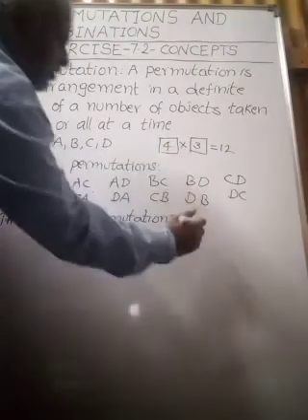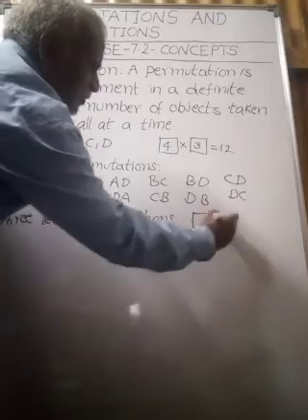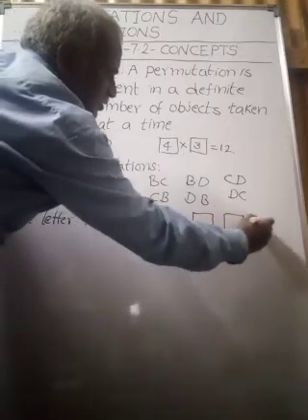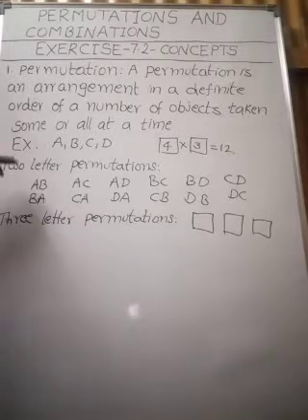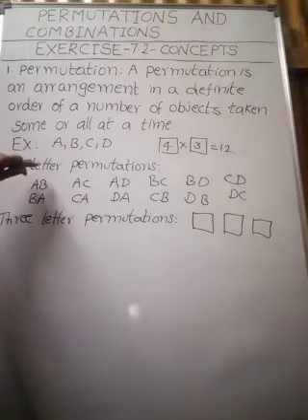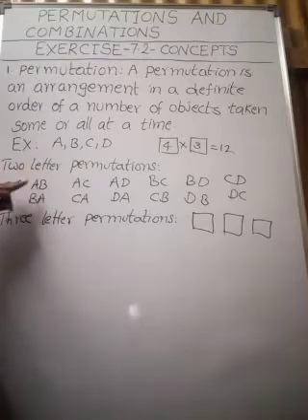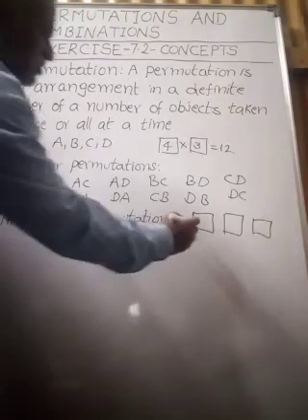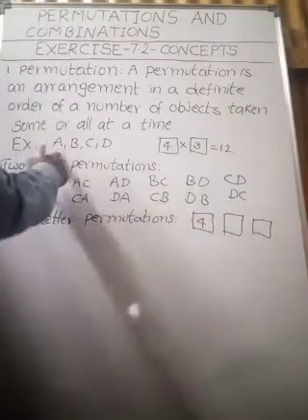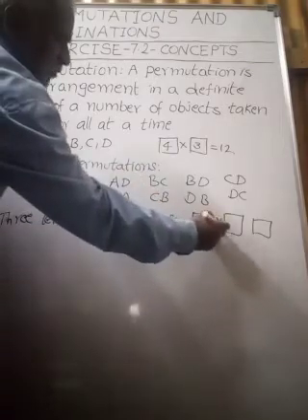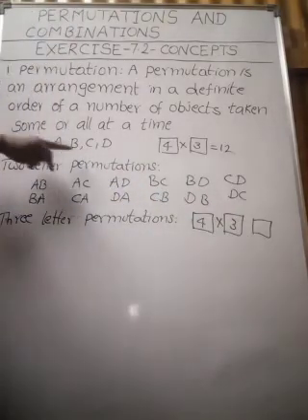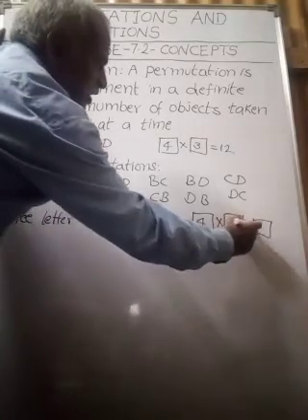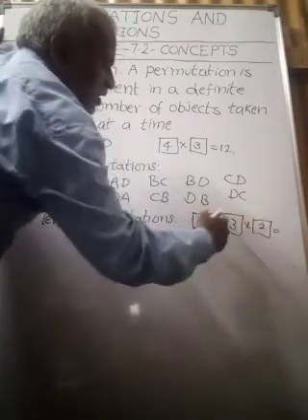Just like here, use the fundamental principle of multiplication. We are taking three blanks. Here we are assuming that repetition is not allowed. So the first blank can be filled by any one of these four letters, the second blank by any one of the remaining three letters, and the third blank by any one of the remaining two letters.